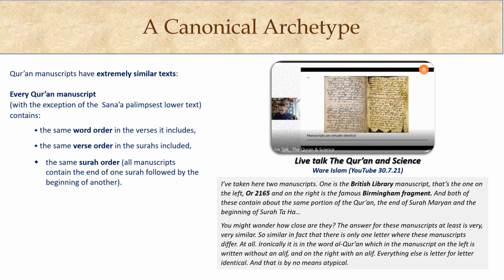The answer for these manuscripts, at least, is very, very similar. So similar, in fact, that there is only one letter where these manuscripts differ at all. Ironically, it is in the word Al-Quran, which in the manuscript on the left is written without an alif, and on the right with an alif. Everything else is letter for letter identical, and that is by no means atypical.